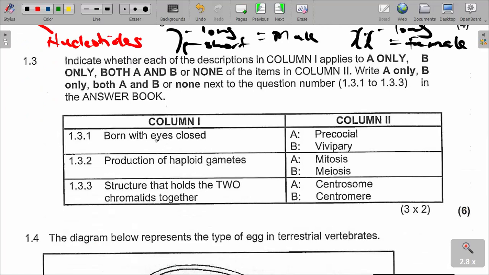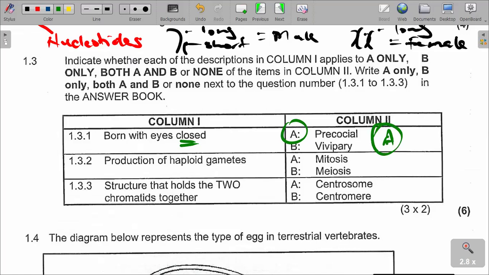We talked about forms of development: precocial and altricial development. They are born with eyes open or with eyes closed. Eyes closed, it is precocial development, which is A alone.